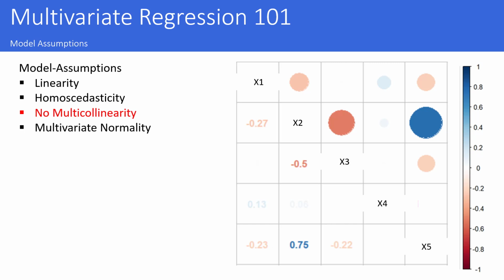On the other hand, positive correlation, for example between x2 and x5, means that if x2 increases, x5 increases as well, and vice versa. The lower triangle shows the actual correlation coefficients. To make sure that there is no multicollinearity, the correlation coefficient between two independent variables should be below 0.8, as a rule of thumb.